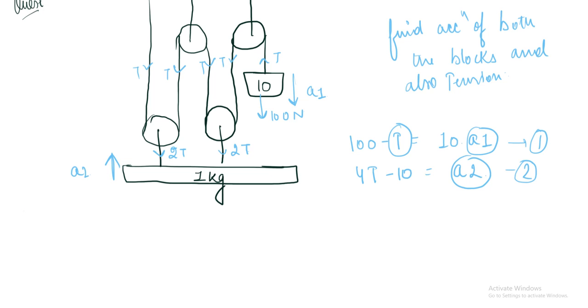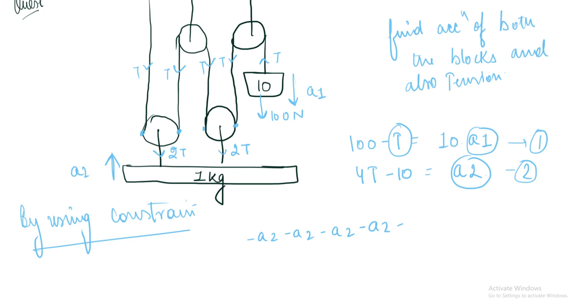So by using the constraint, the equation is minus a2 minus a2 minus a2 minus a2 plus a1 is equal to 0. So a1 is equal to 4a2. This is equation 3 by using the constraint.